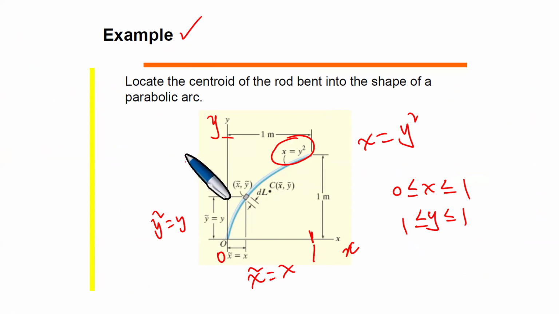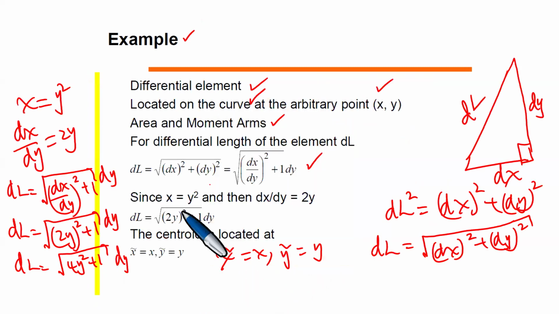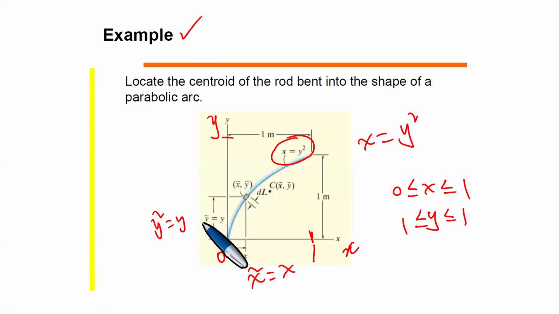We'll send you this recording in 1 hour maximum after we finish. And then now you would consider this example: locate the centroid of the rod bent into the shape of a parabolic arc. Then you use the differential element, you're able to get the dL, and then use the fact that it is given that y tilde is y and x tilde is x.